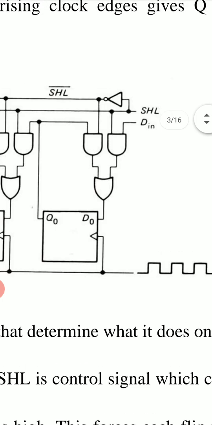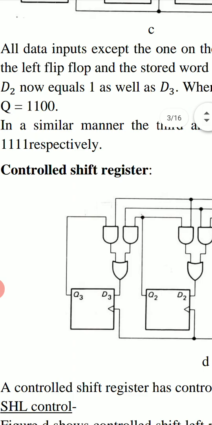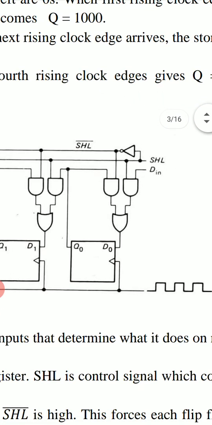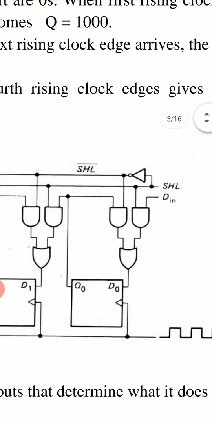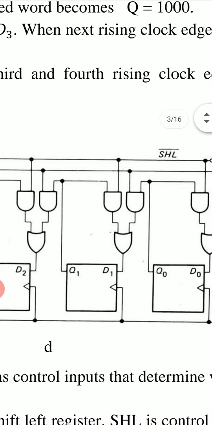Now this is the controlled shift register. This shifting action now can be controlled. To control this shifting action, these AND OR gates, there are 4 AND OR gates.